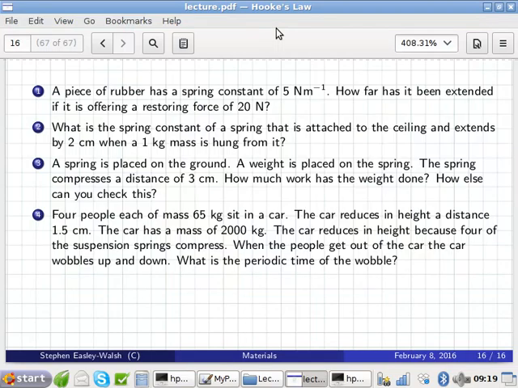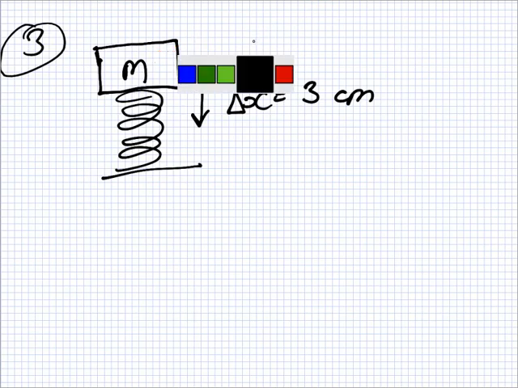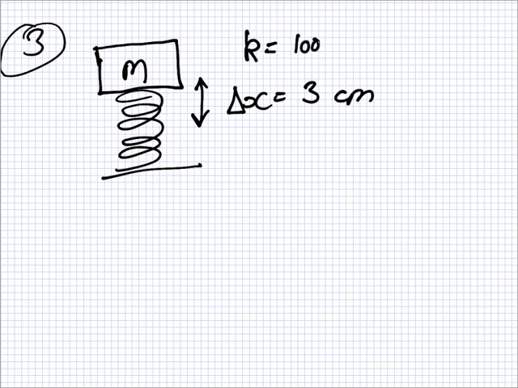Then I need to give you something else. I need to give you the K. So we'll make the K, I don't know, 100, no, too much, 10 newtons per meter. Okay, so I'll give you this.